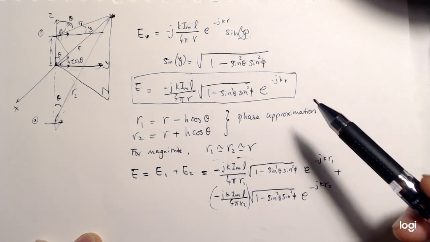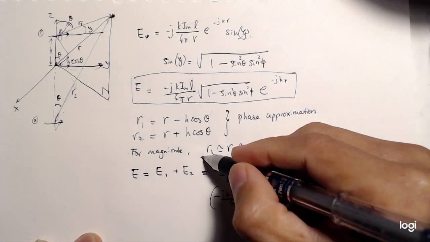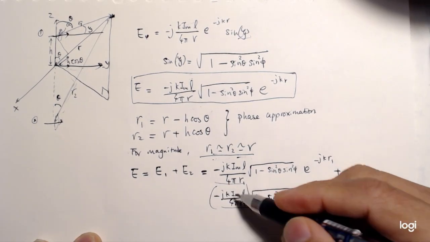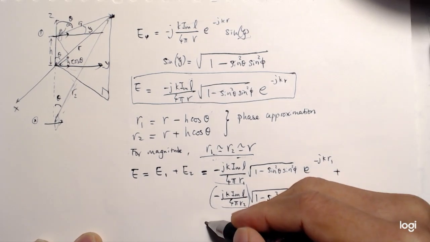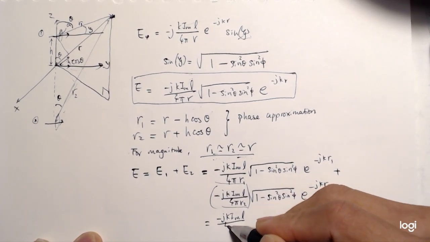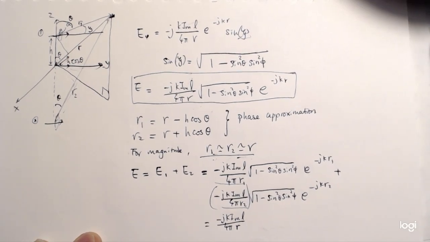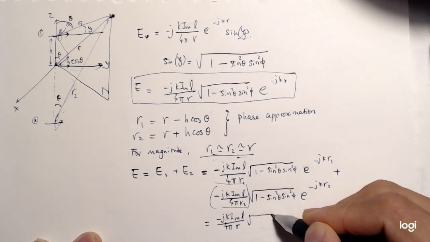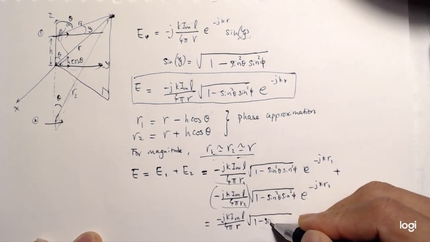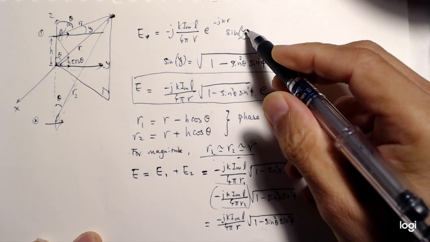And I have already highlighted the fact that for magnitude we can use this approximation. So this is the magnitude. So we do this first. kIml over 4 pi, and R1 is assumed to be R. And both expressions have the same expression for sine psi.